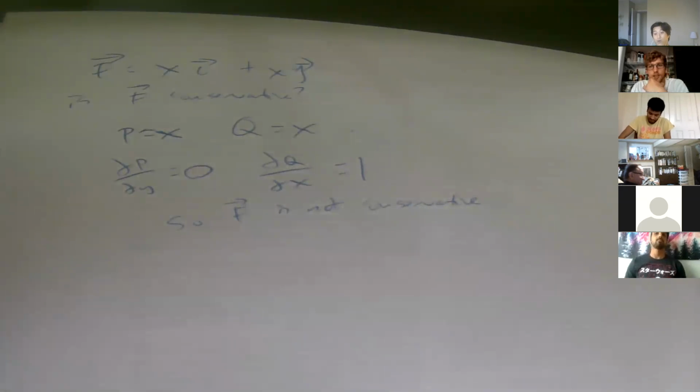But what do you think we need to make the derivatives enough to satisfy conservativeness? What more information do you think we'd need? What more information did we need last time?